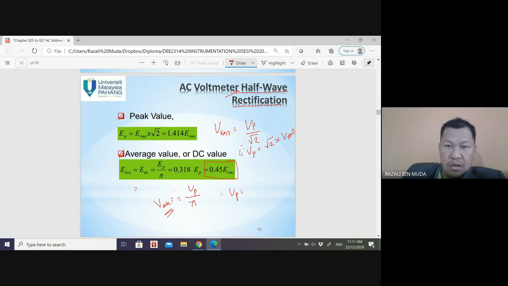This is for half wave. You can use your calculator to take out this value. So V average for half wave equals 0.45 V RMS.